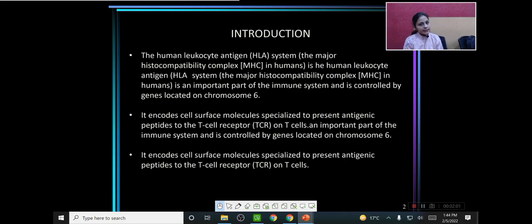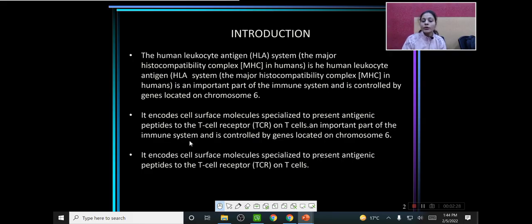It mainly helps in the recognition of self or non-self, right? It encodes cell surface molecules specialized to present antigen peptides to the T cell receptor on T cells.